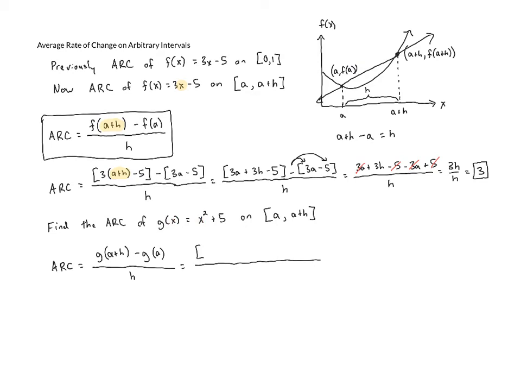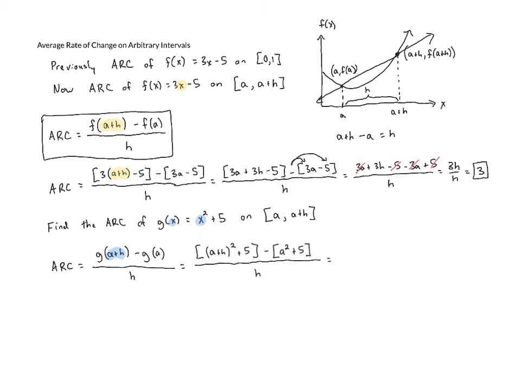So wherever we have x here, we're going to replace it with a plus h. Let's do that now. So instead of x squared plus 5, it's going to be a plus h squared plus 5. And then minus g of a is going to be a squared plus 5 all over h.